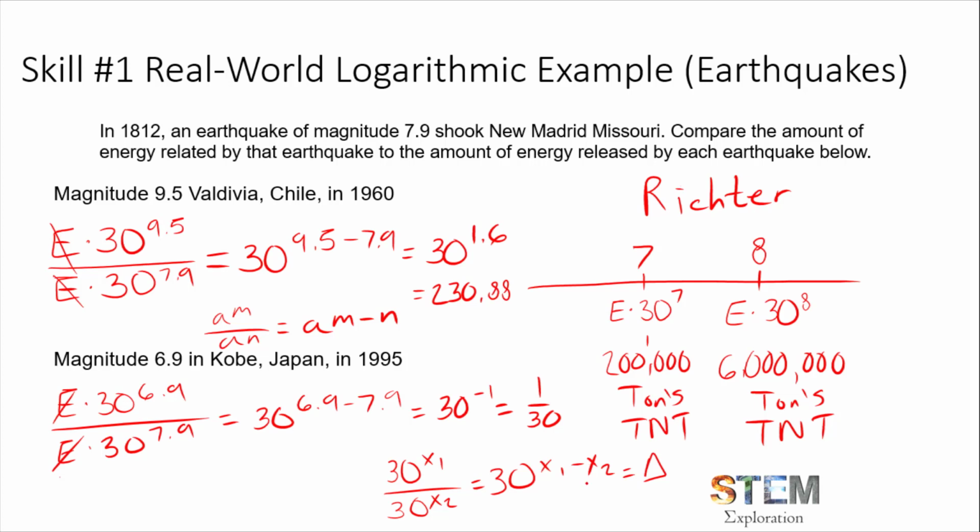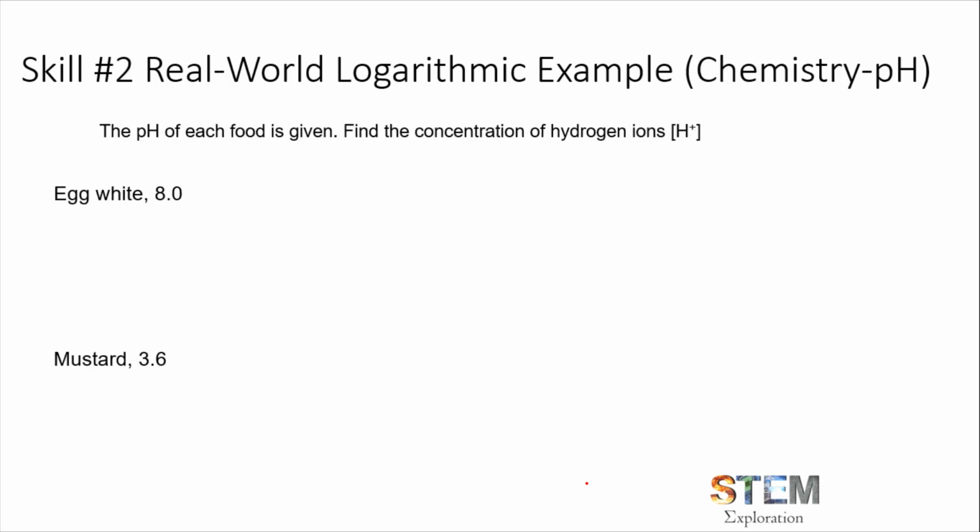Okay, so hopefully you can see some of that difference in that relationship when we're looking at this, and how logarithmic models or logarithmic scales can be used to take large variations of data and make it really simple to compare them. So a second example that's very common is chemistry pH. pH, for those of you that don't know, describes the hydrogen ion concentration in solution.